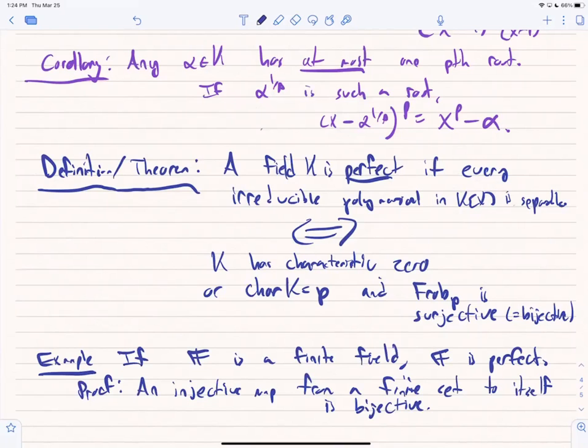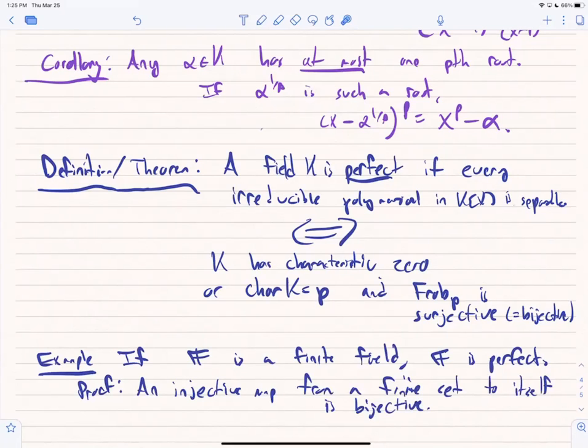Okay. So this illustrates why we had to get pretty exotic to write down an inseparable irreducible polynomial. We had to work over the field of rational functions, because we're never going to get such a thing in characteristic 0. And even in characteristic p, you couldn't work over F_p; you have to work over some more complicated field to see an inseparable irreducible polynomial.